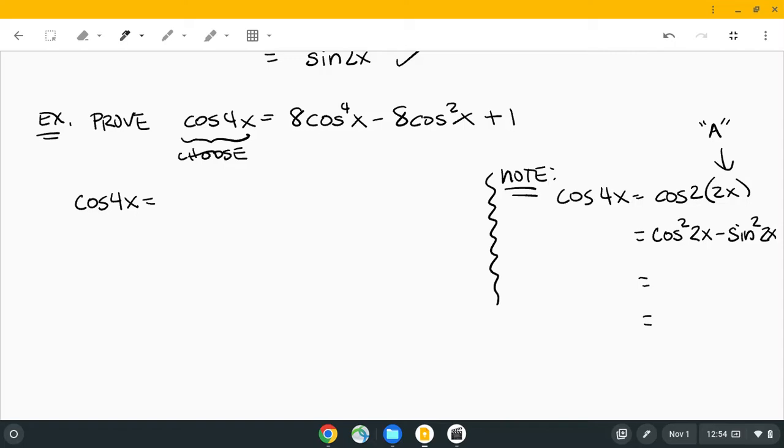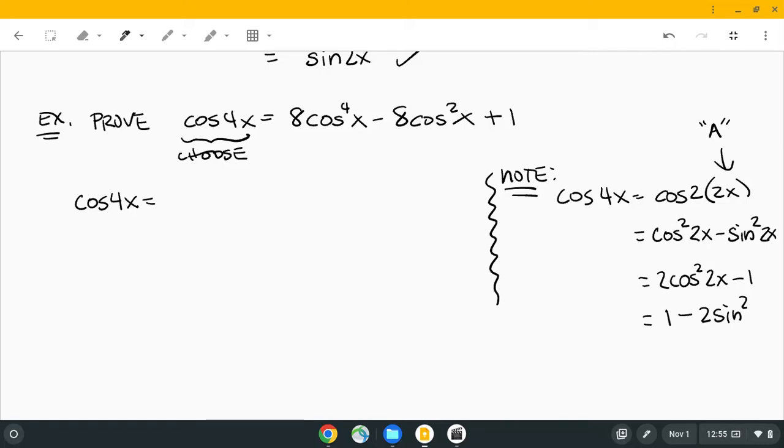The other one has just the cosine in it, and that would be 2 cosine squared, and again, usually we put a here, but I'm going to put 2x since a is 2x, minus 1. And the third one uses just the sine: 1 minus 2 sine squared.